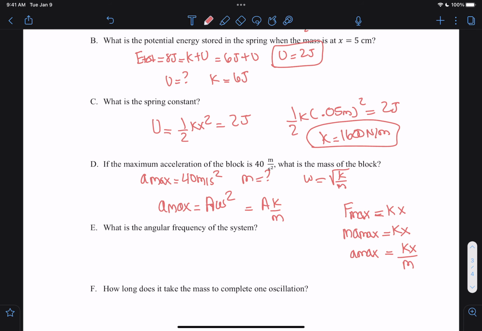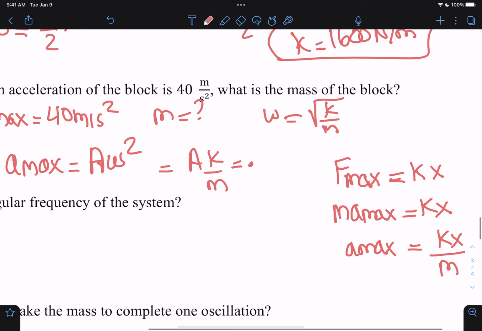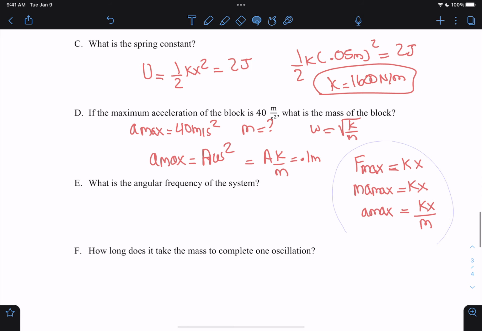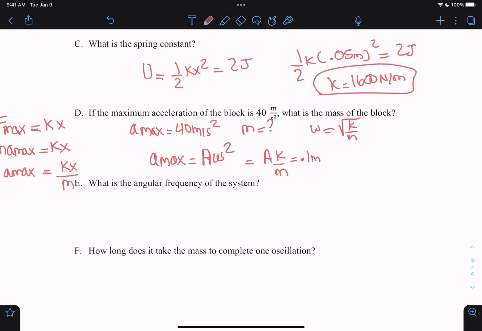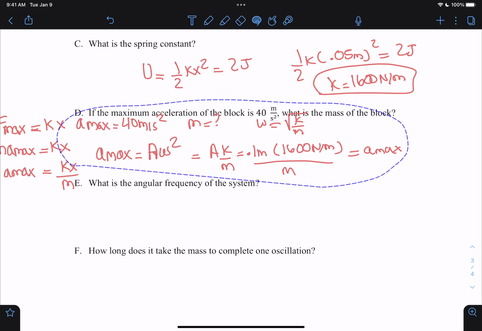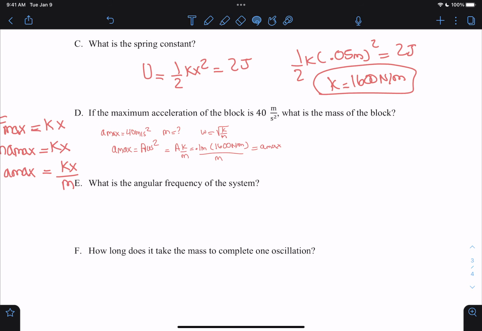So you just plug in 0.1 meters. You just move this over here. 0.1 meters times that 1600 newtons per meter, and then divided by the mass. Or at least we multiply the mass over and then divide by the acceleration. So just do that, equals A max.